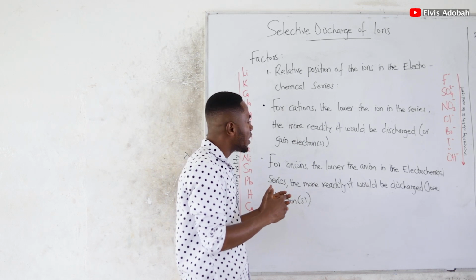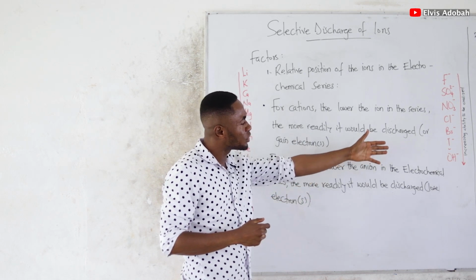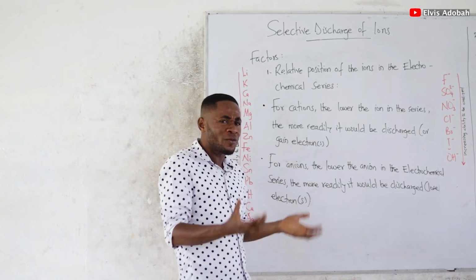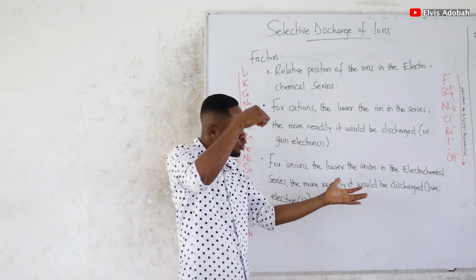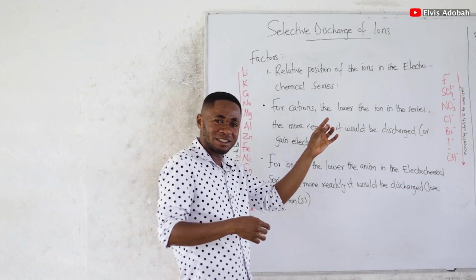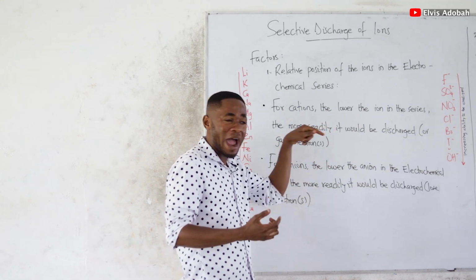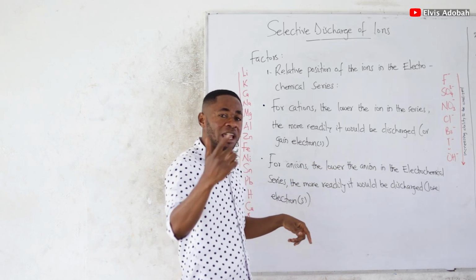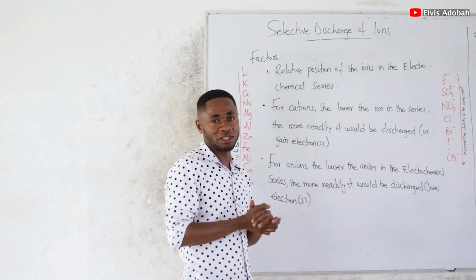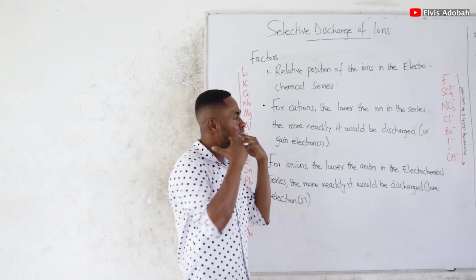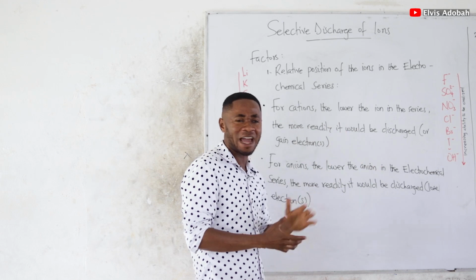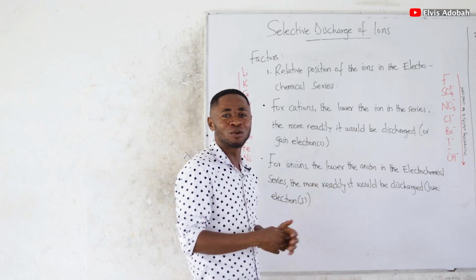So if we have the hydroxide ions with nitrate ions in the solution, obviously hydroxide ion is lower than nitrate ions in the electrochemical series. So hydroxide ions will be discharged, or will lose electrons instead of the nitrate ions. Imagine we have the chloride ions and the hydroxide ions in solution.